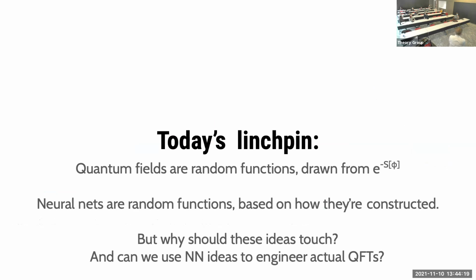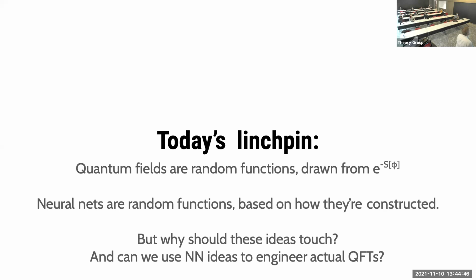So the linchpin of what I want to talk about today is to recognize that neural networks are random functions, and they're random functions based on how they're constructed. There's something called an architecture in a neural network where you take some tiny functions and you stitch them together into a bigger function via composition. There's parameters that appear, and the sense in which a neural network is a random function is based on the fact that it has random parameter draws appearing in it.